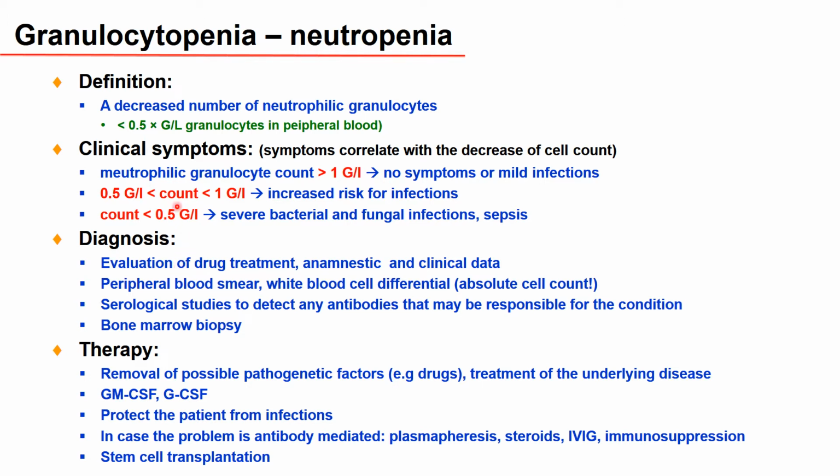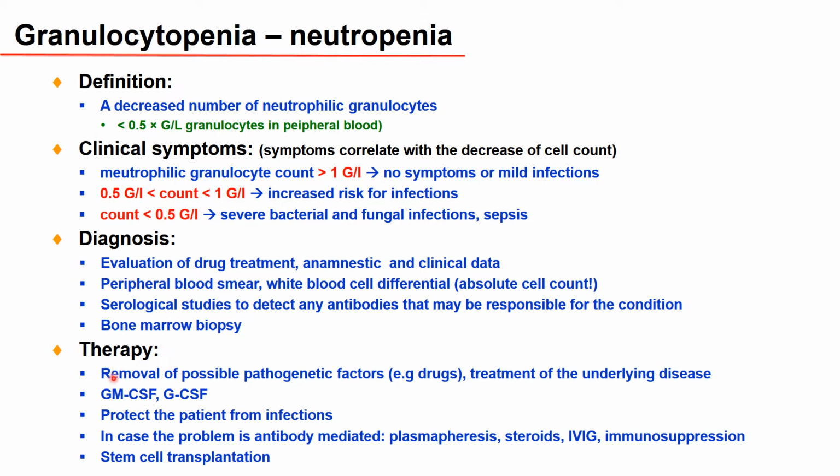Now, serological studies, if we do have some autoantibodies directed against the white blood cells. For example, in systemic lupus erythematosus, we can have a lower granulocyte count in the periphery, but the red blood cell and platelet counts decrease as well. And for sure, a bone marrow biopsy can be used to evaluate what the bone marrow structure looks like. Now, therapy depends on the cause of the granulocytopenia.